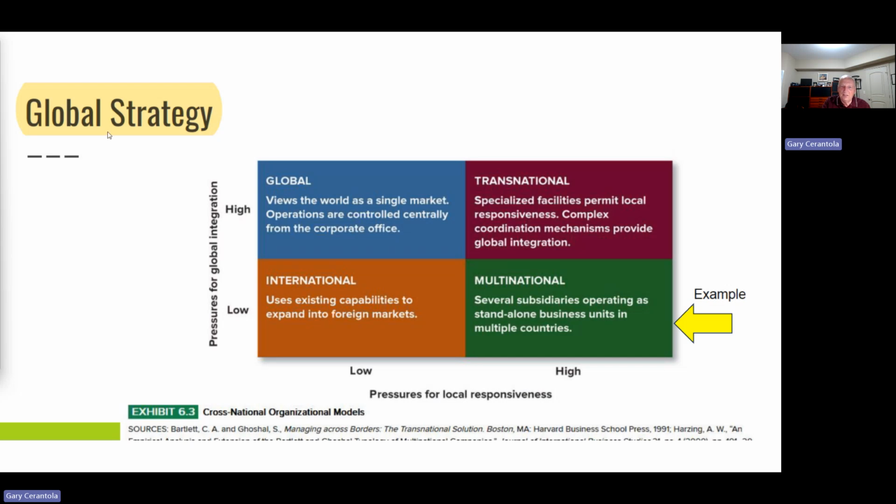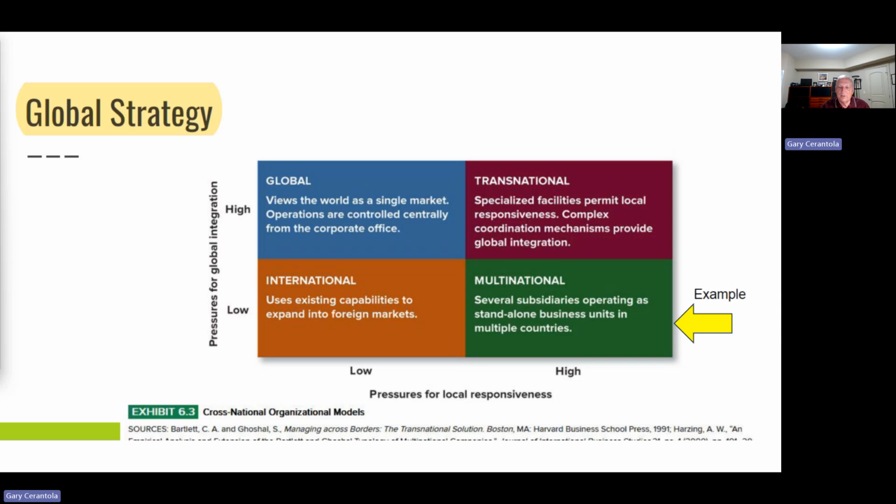So here's a key, and it's likely going to be some questions around the types of global strategy. So you look at the pressures for global integration and the pressures for local responsiveness. There's a mantra: think global and act local.